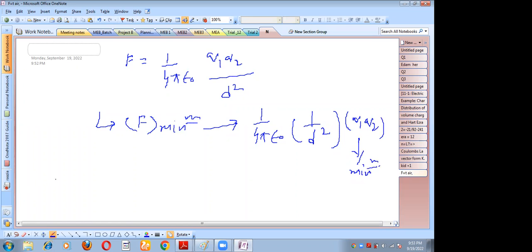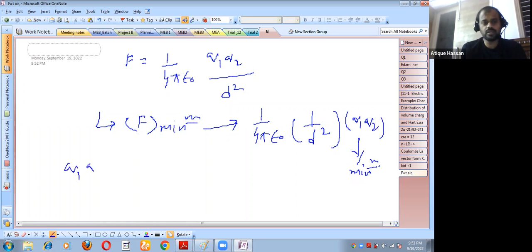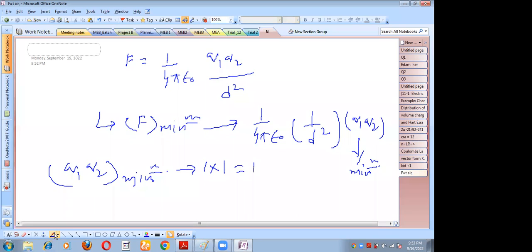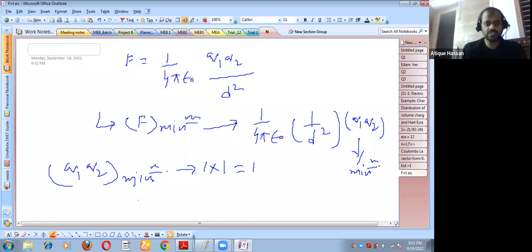Now, what is the minimum value of Q1, Q2? Generally, students will say that Q1 should be 1 coulomb, Q2 should be 1 coulomb. So it should be equal to 1, right? But actually, this is not correct. 1 coulomb charge is a very big charge.